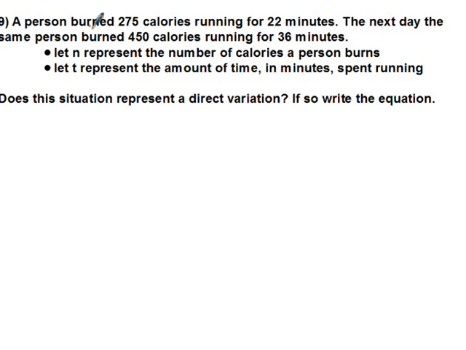All right, so again we have two scenarios. A person burned 275 calories in 22 minutes, and the next day they burned 450 calories in 36 minutes. So again, let's see if it fits into y equals kx. So I'm going to do 275 calories is equal to k times 22. And the other situation would be 450 calories is equal to k times 36.